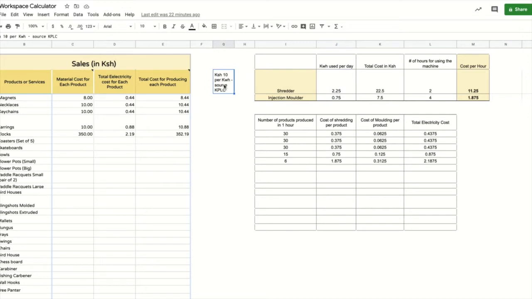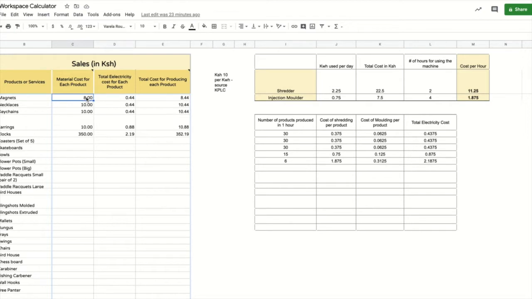Using the fact that KPLC prices the kilowatt hour at approximately 10 shillings, I was able to calculate the cost per hour for using these machines. And using the data available for the mass of plastic used, I estimated that we make approximately 30 magnets in an hour. So here you can see the calculations for the total energy cost.